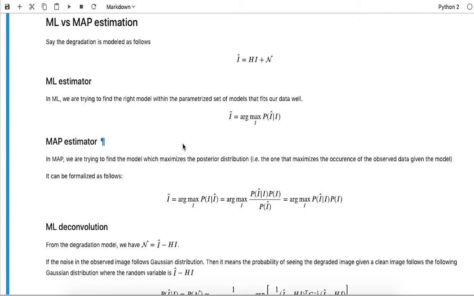Although the difference is very subtle, the impact is really huge, because when you maximize the posterior distribution, you can use the Bayes rule and you get this term. So instead of in the ML estimator, where you get the probability distribution function of this I hat, and you try to find the particular I tilde which maximizes this probability distribution.